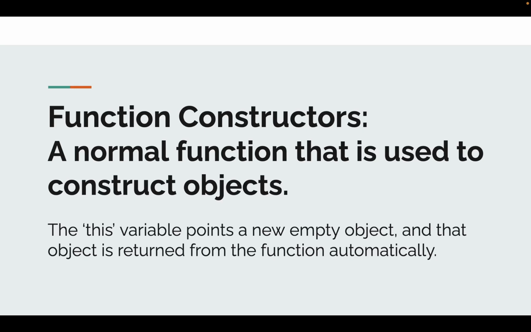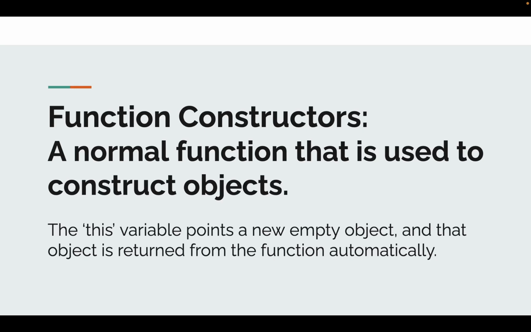And we do this by using the new keyword. So I can say new and then call the function, and what that will do is execute the function. It will take the this keyword and make that the new empty object. We can then use the this keyword to construct our object, adding properties and methods to it, and then the function constructor will automatically return that new object from the function call.